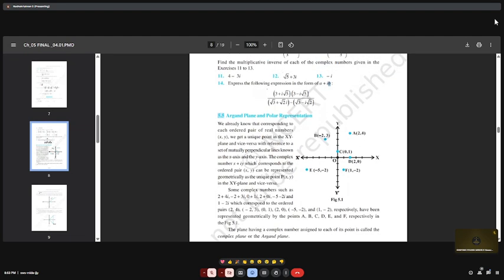Okay. So now look at problem 11. I think it's getting late, getting time to wind up. So we'll close with this problem. Problem number 11. 4 minus 3i. Find the multiplicative inverse of these complex numbers.